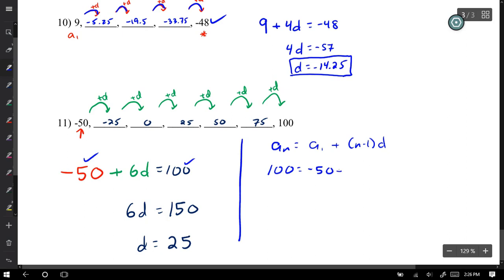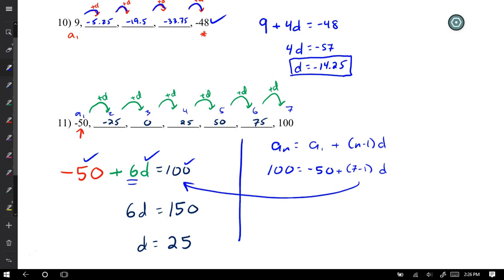So I can see there's a difference. I'm using 6 here. What would I use if I use the formula? A1, A2, A3, A4, A5, A6, A7. What's 7 minus 1? 6. So I'm kind of bypassing the n minus 1 in the parentheses for it.